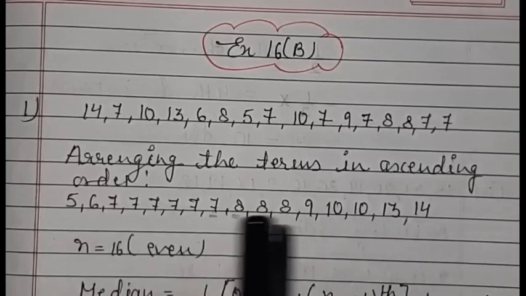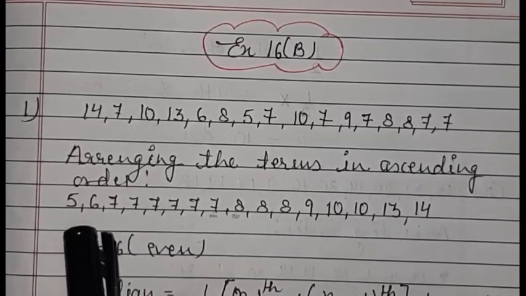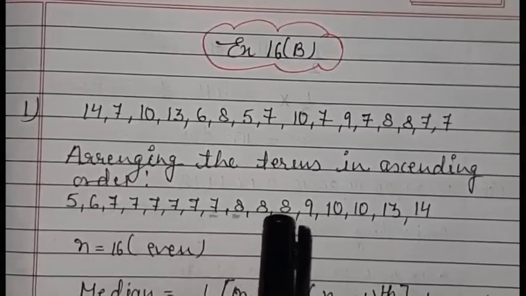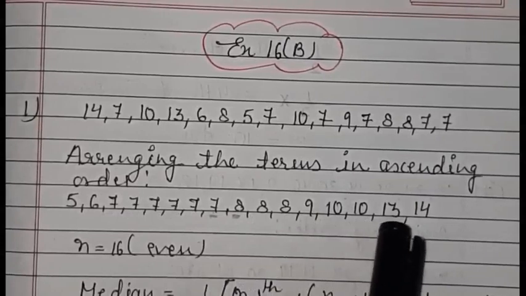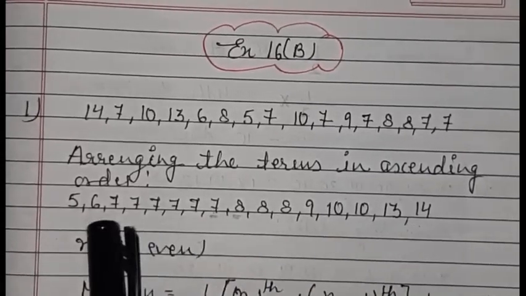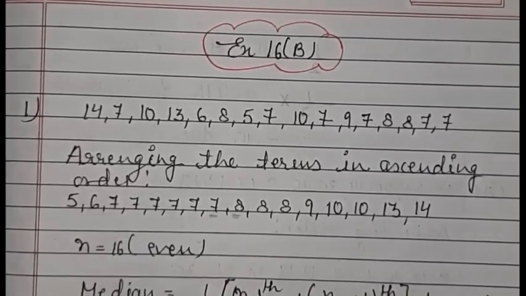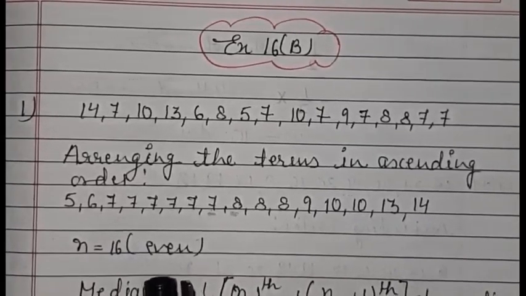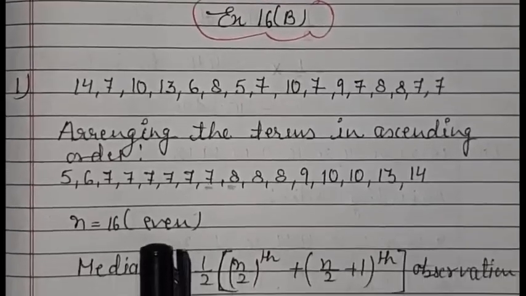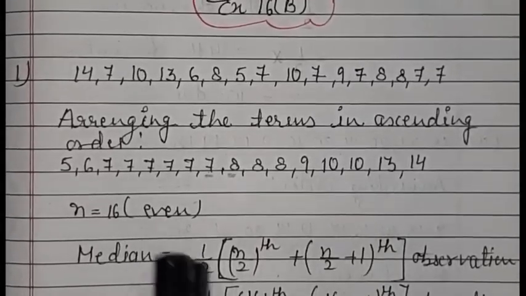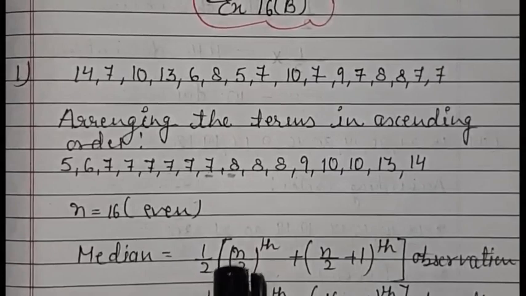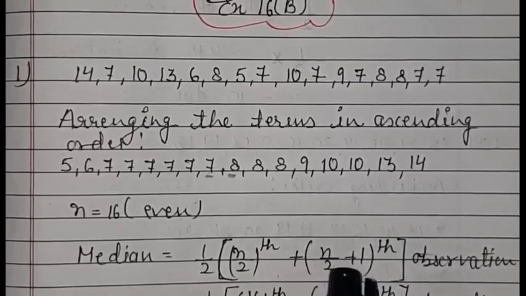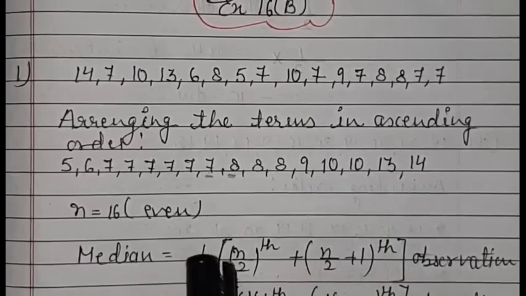And then we count how many observations are here. 1, 2, 3, 4, 5, 6, 7, 8, 9, 10, 11, 12, 13, 14, 15, 16. There are 16 observations. So 16 is an even number. For an even number of observations, we apply the formula n upon 2th observation plus n upon 2 plus 1th observation whole upon 2.